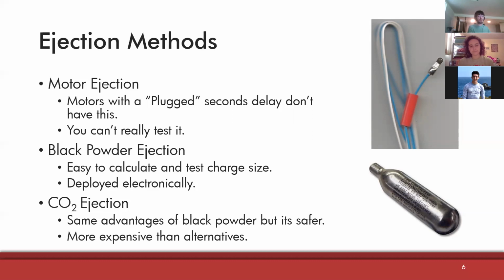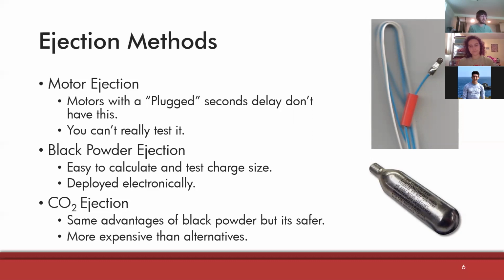There's also motor ejection, which is probably more common on smaller motors. Basically, after your rocket motor burns out, there'll be a short delay before it fires its own black powder charge at the bottom of the rocket. In general, it's a pretty good way to do separation events.